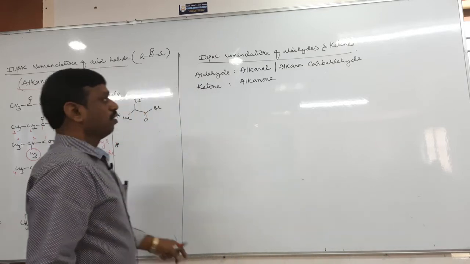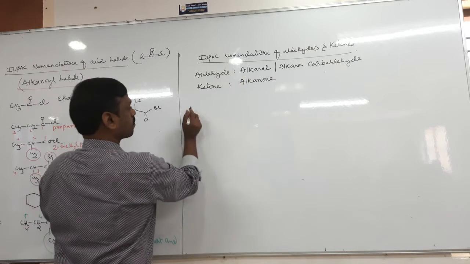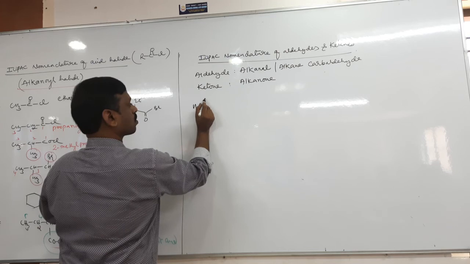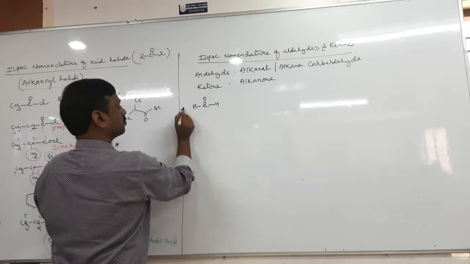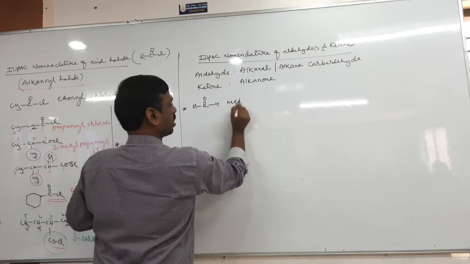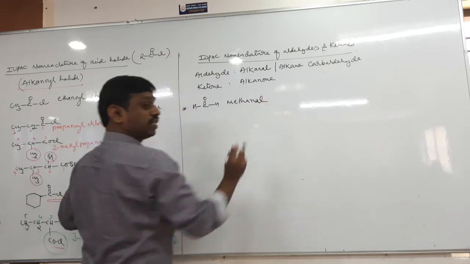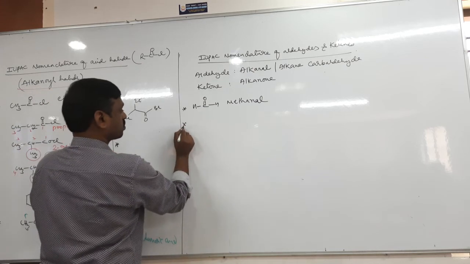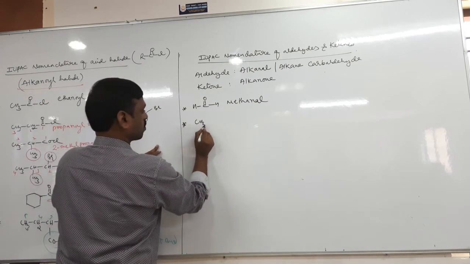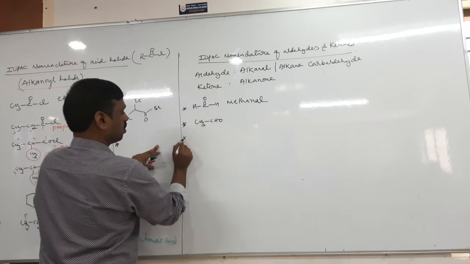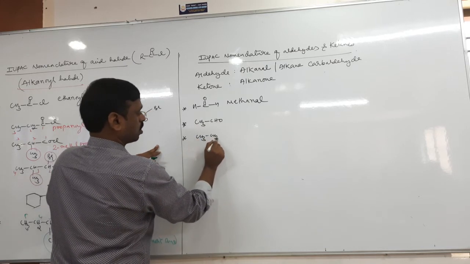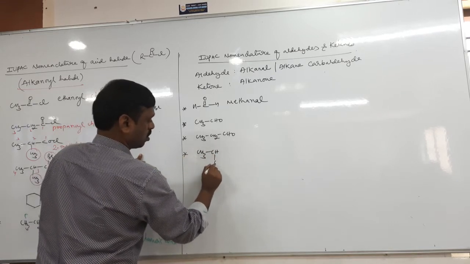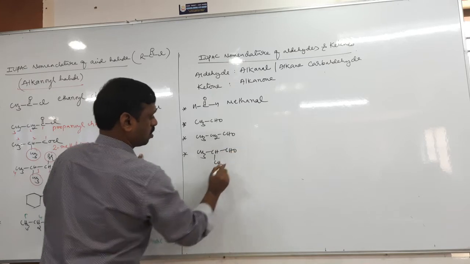Fine. Now let's say first aldehyde. If it is a 1 carbon aldehyde, what is the IUPAC name? Methanal. Right. Next, 2 carbon, 3 carbon.